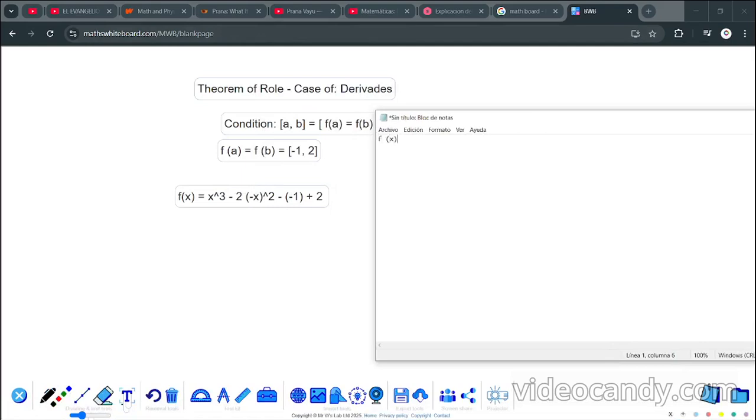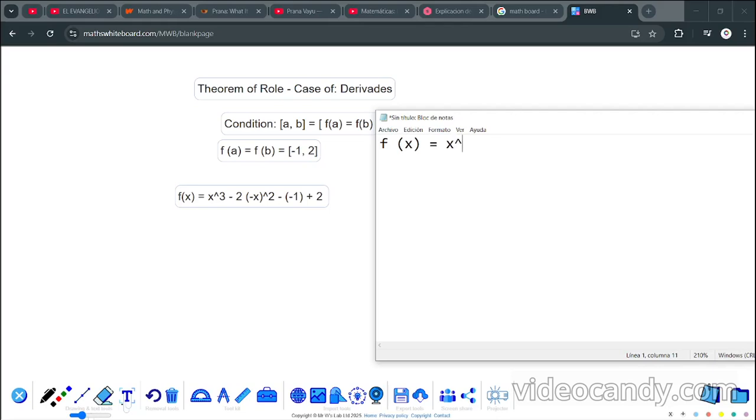Fx equals to x, upper sign, which is found here. Let me see.